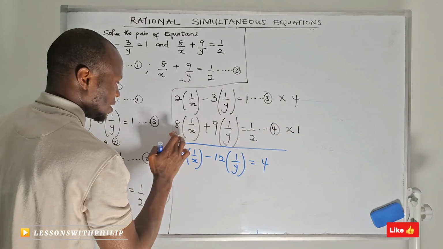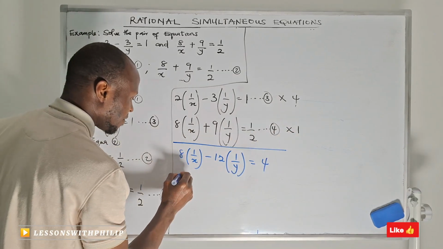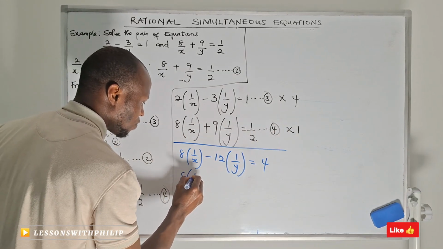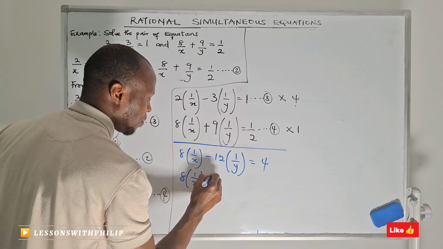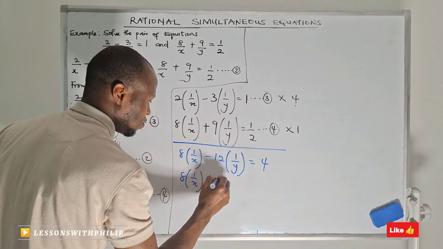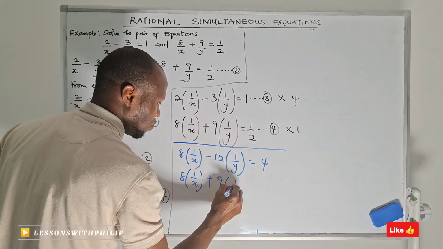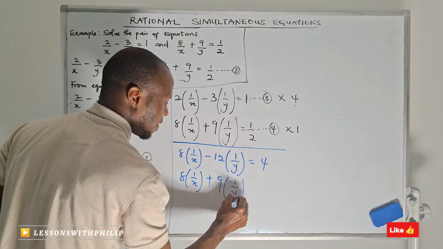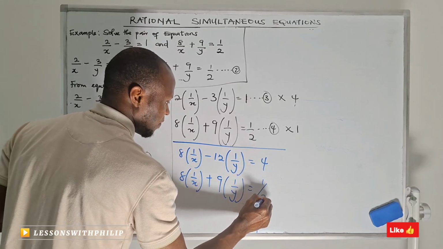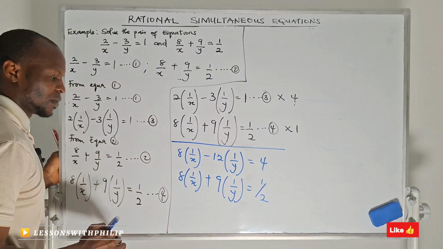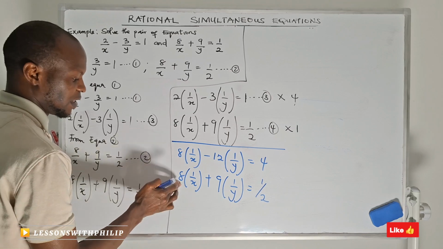So 1 times all this, it will remain itself. That will be 8 into bracket 1 over x plus 1 times this will give us 9 into bracket 1 over y equals to half. Do you get it? So automatically, we have the same coefficients here.